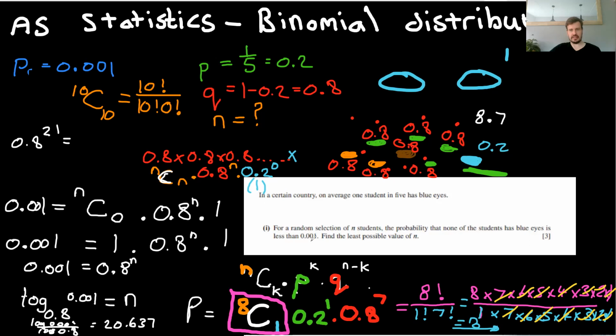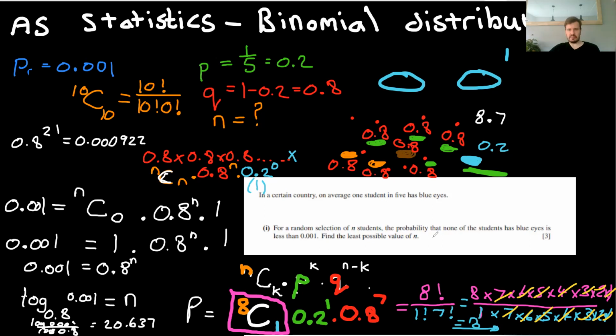It's going to be less than 0.01, right? Oh, so actually we're going to round up. What's 0.8 to the power of 21? It's 9.22 times 10 to the something. Okay, it's going to be 0.009. Okay, so let's look at that.